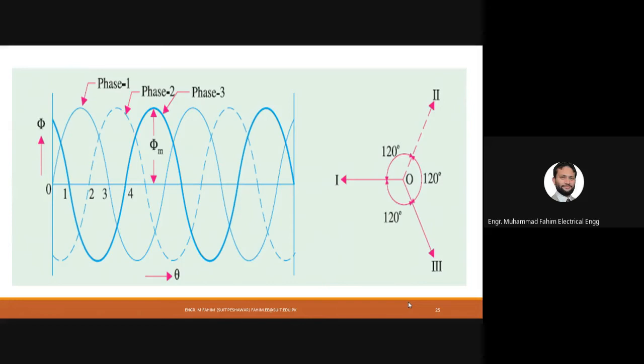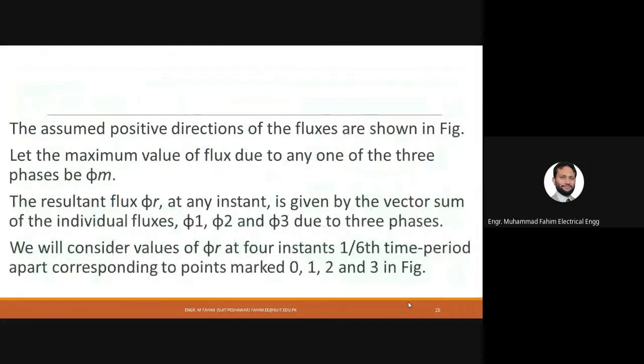So now we will look at these three phase supplies, and we will look at the resultant flux and its displacement clockwise. The assumed positive directions of the fluxes are shown in the figure. Let the maximum value of flux due to any one of the three phases be phi max.